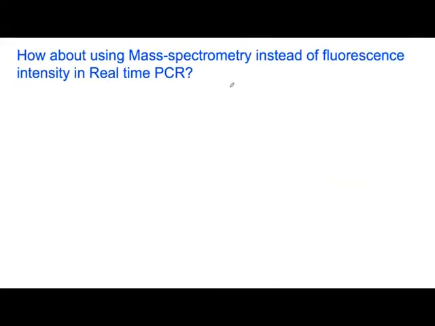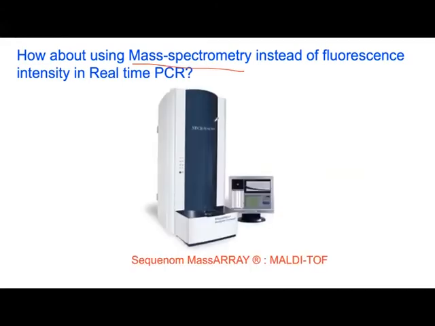So there is a new modification where people use mass spectrometry. Mass spectrometry is different from fluorescence in that you can multiplex as much as you can, and in the new format you can actually do it in real time. This machine is called the Sequenom MassARRAY, or we call it EpiTYPER. It's actually a MALDI-TOF, matrix-assisted laser desorption ionization with time of flight.